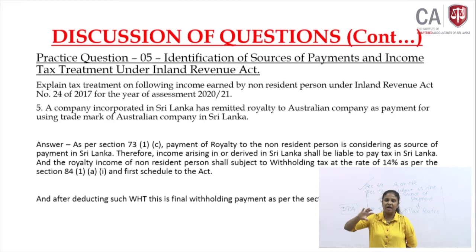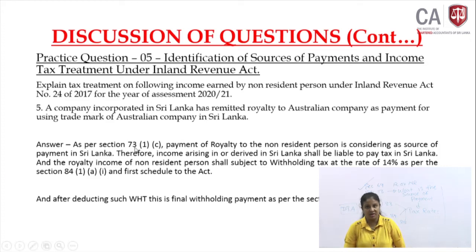That means I am using the trademark of the non-resident company. To use that trademark, I am paying a royalty payment to that Australian company. Okay. Then on remitting that royalty to the Australian company, what is the tax implication on behalf of that Australian company? Come to the answer.